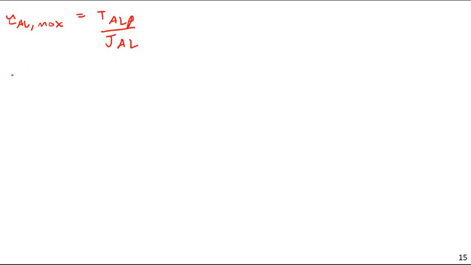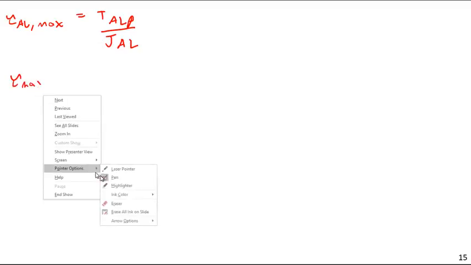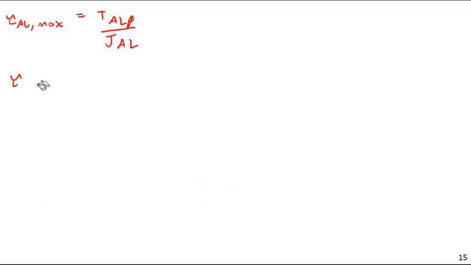Same thing for the steel. The max shear stress, tau steel max, is going to be equal to T in the steel times rho, the outer radius of the steel section, over J, the polar moment of inertia of the steel section.